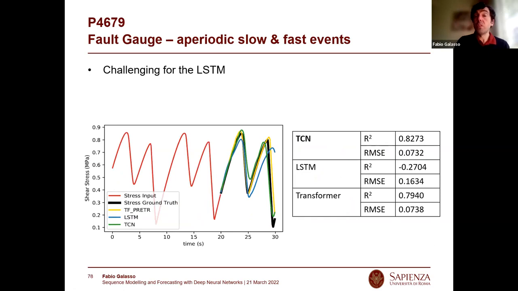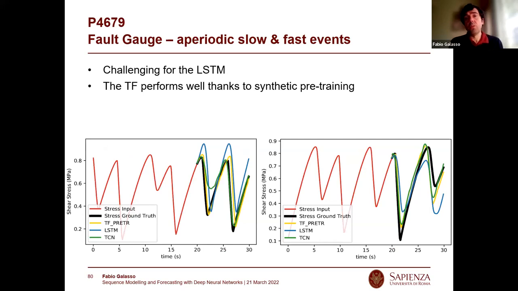And then there is the case of slow and fast, where basically we see that transformers and TCN are doing well, but the LSTM is suffering. Here, I want to explain why we have here pre-train, right?